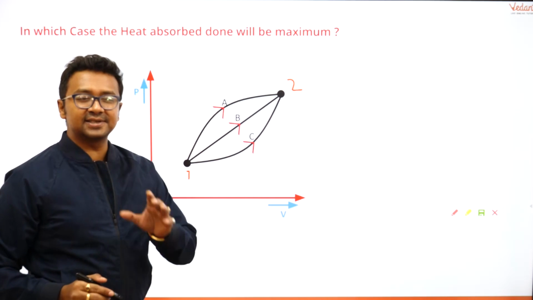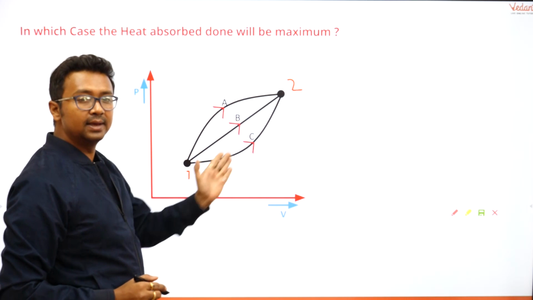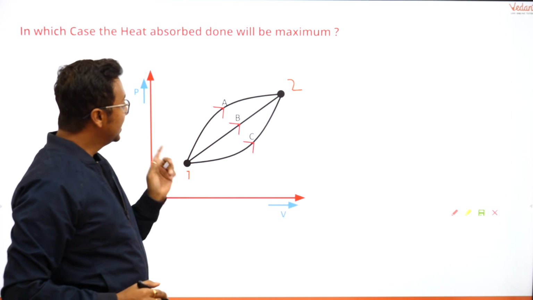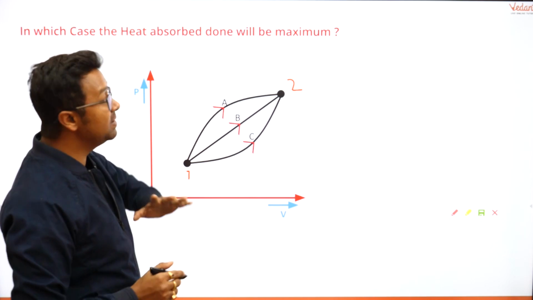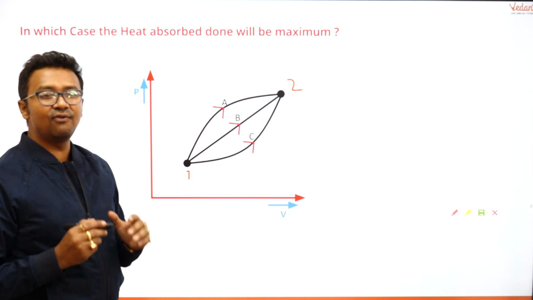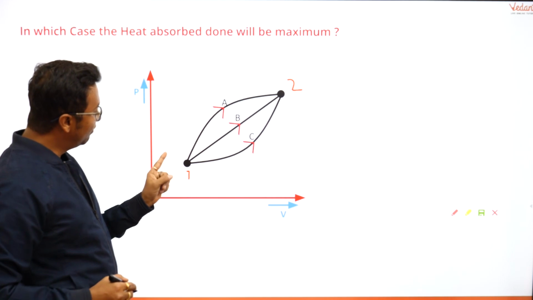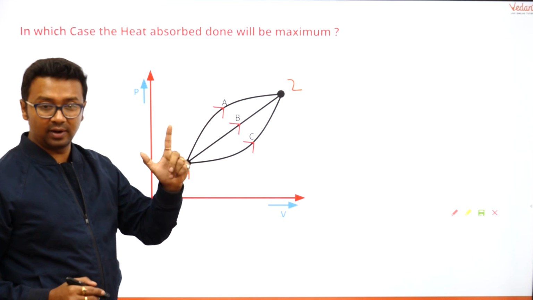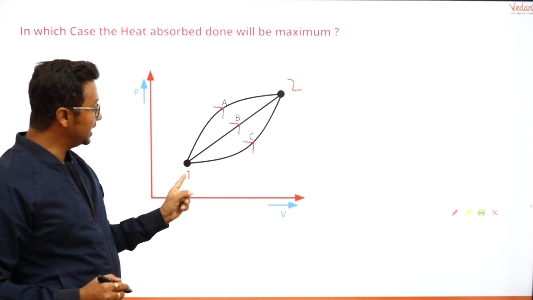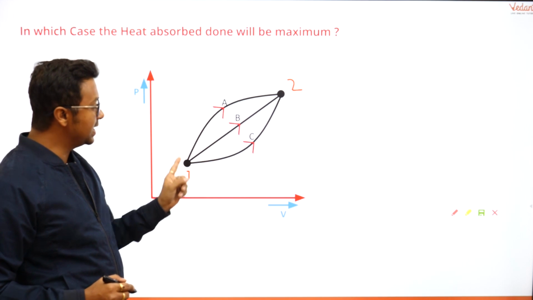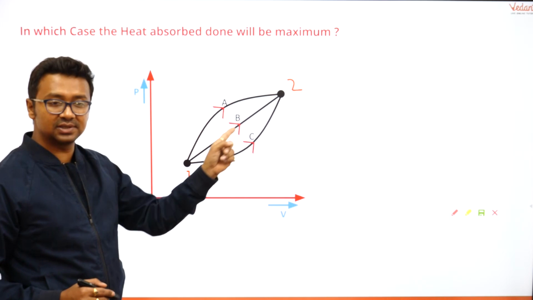From 1 to 2 it takes 3 different processes to go: A, B, C. Clear? They have asked us in which case the heat absorbed will be maximum. Now for that the basic understanding, my dear students, is that from 1 to 2, the temperature at 1 and the temperature at 2 are the same for all the 3 processes.